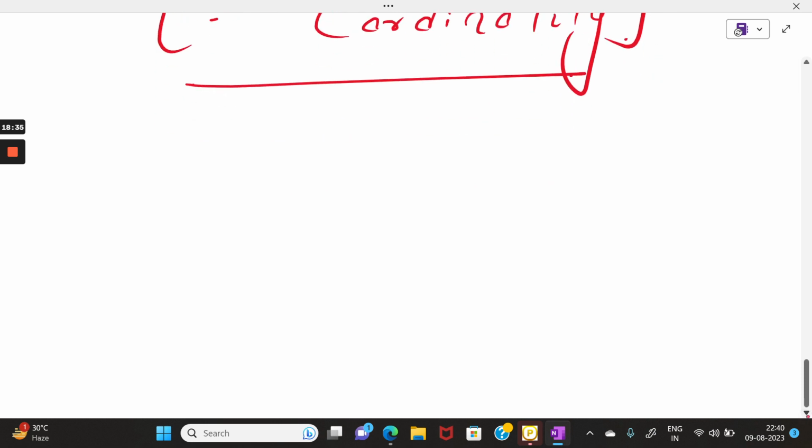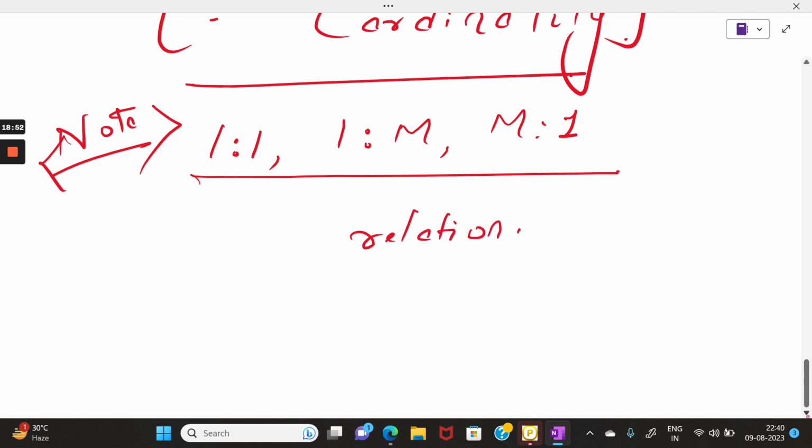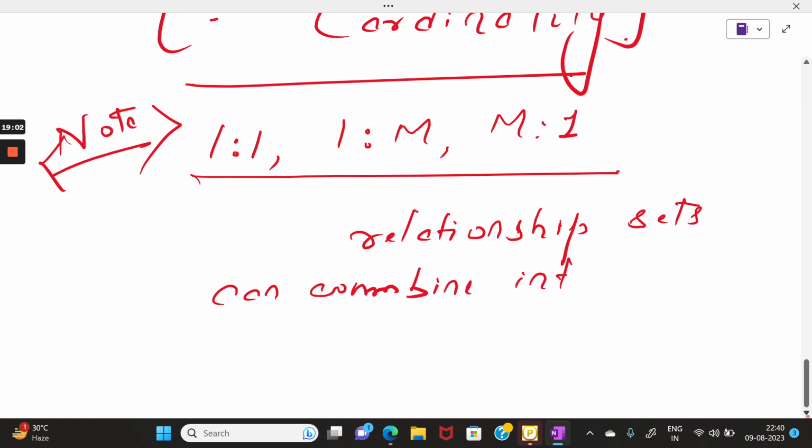A very important point to note here is that for the cardinality constraint we can have 1 is to 1 mapping, 1 is to many mapping, many is to 1 mapping, all. And these relationship sets can combine into the same entity set.